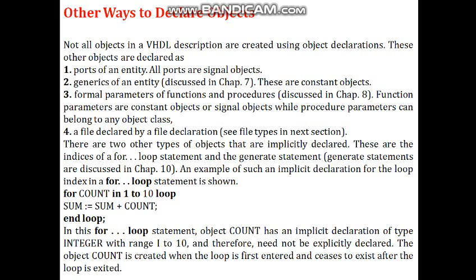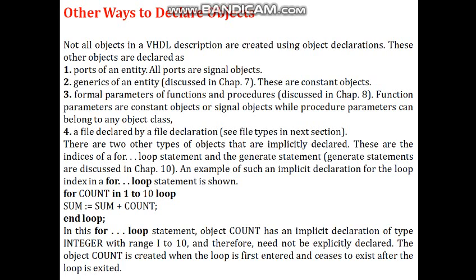In this for loop statement, the object count has an implicit declaration of type integer with range 1 to 10, and therefore need not be explicitly declared. The object count is created when the loop is first entered and ceases to exist after the loop is exited.